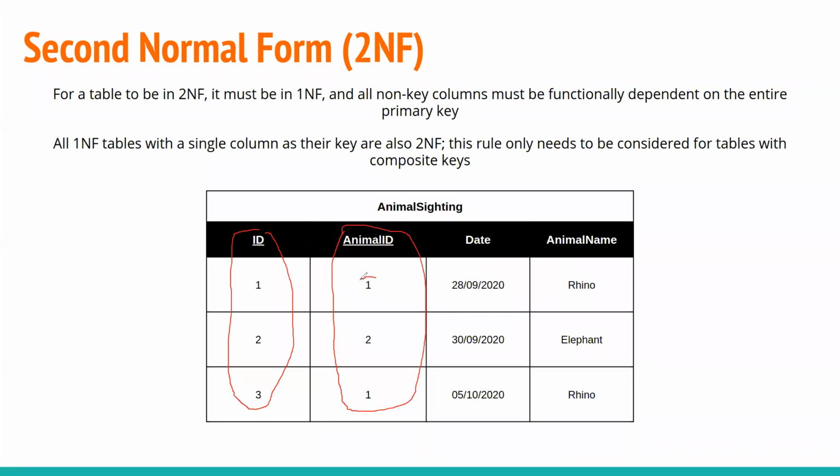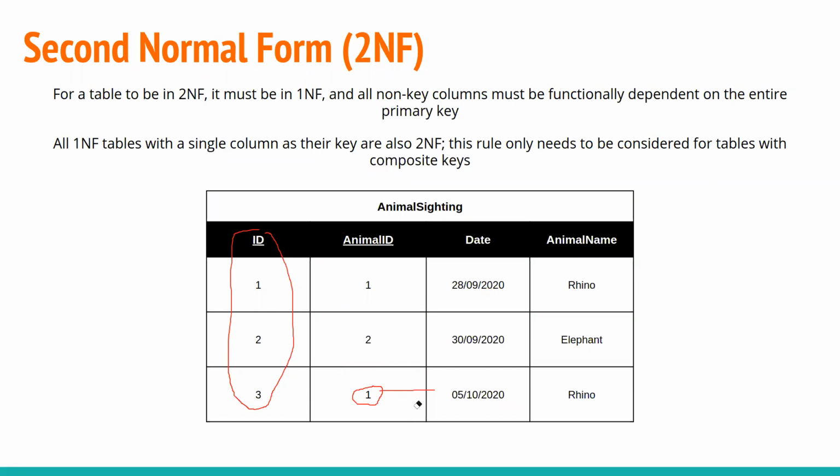You can see that if we have a 1, we don't know whether the date is the 28th of September or the 5th of October. We don't know. If we're just looking at 1, we don't know with which sighting we'll need. The animal ID doesn't uniquely determine each row. Okay. So this table is not in 2NF.